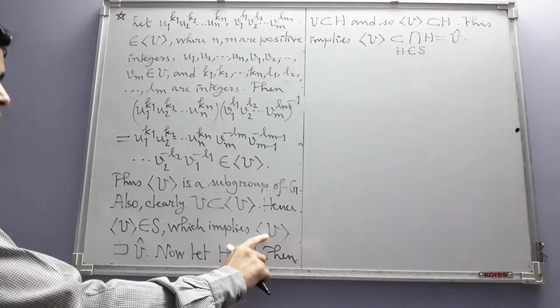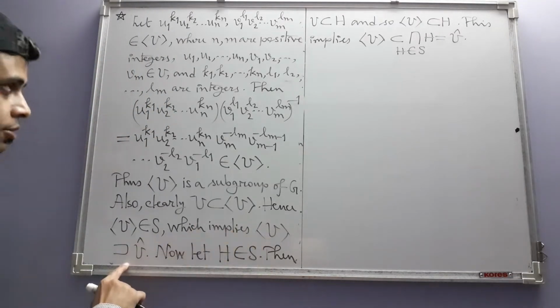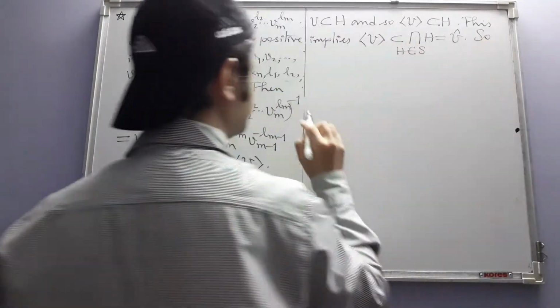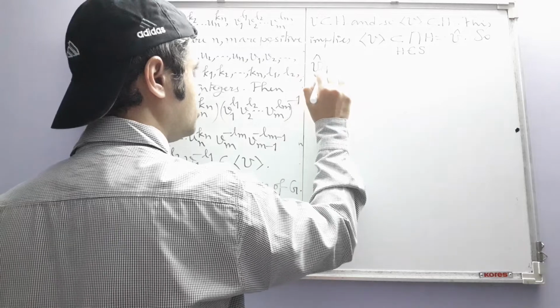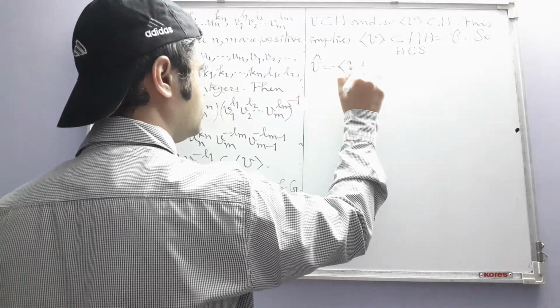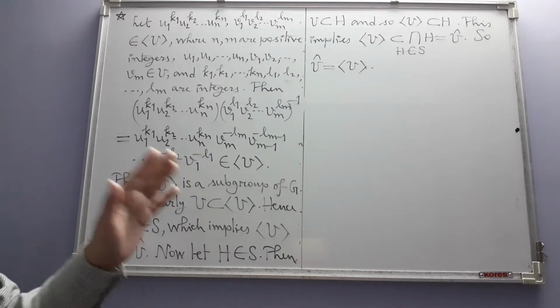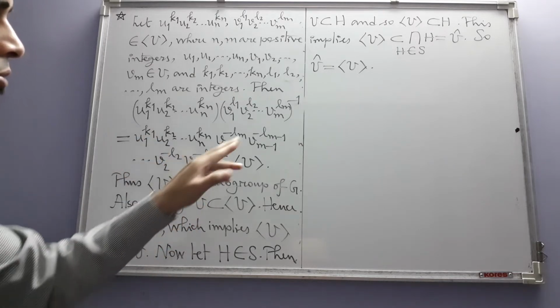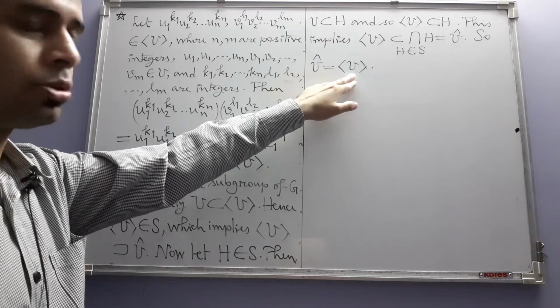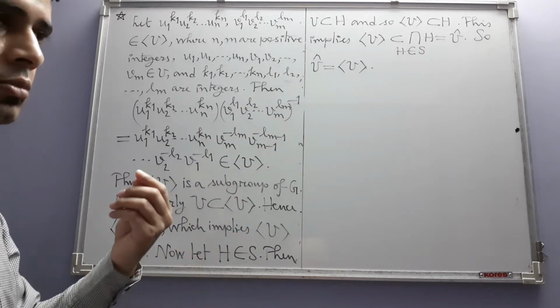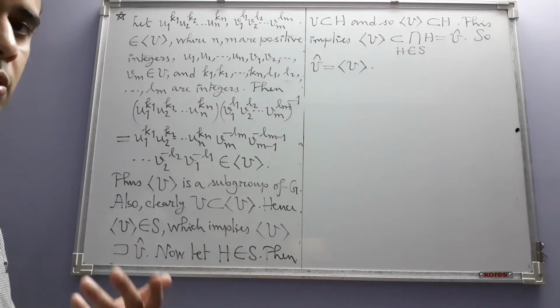So now you combine this inclusion and this inclusion. So U hat is equal to this. So in this way, when U is non-empty, we have in fact shown how the elements of U hat look like. They are products of integral powers of elements of U, finitely at a time, of course.